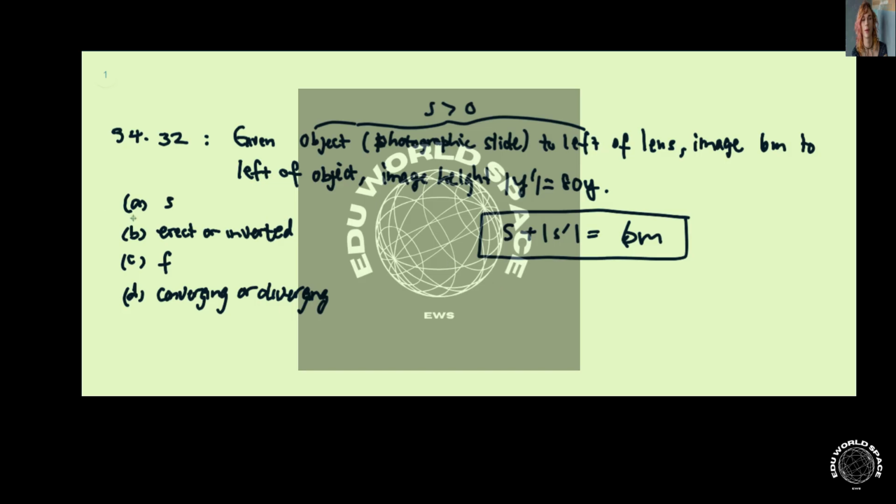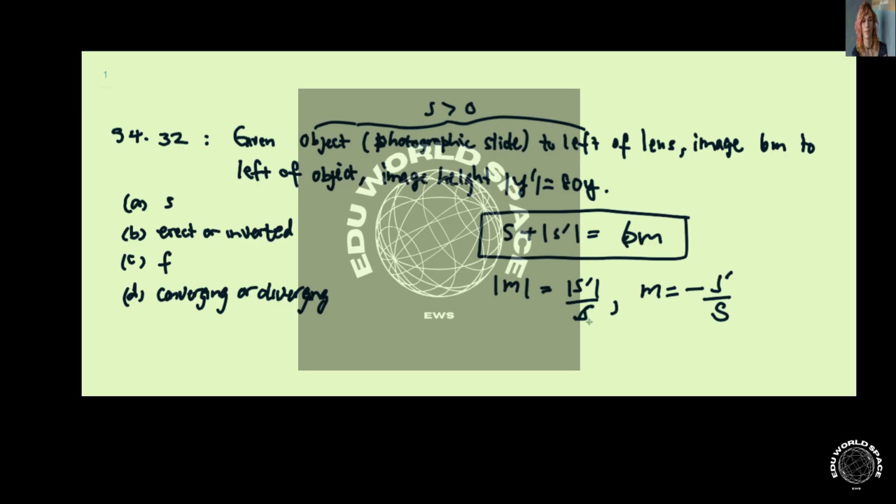The way to solve part A, to find the object distance, we'll use this equation, and additionally, we'll use the equation for the magnification, which is S primed over S. I got this equation from equation 34.17, where M is equal to minus S primed over S. And I just took the absolute value, so the minus sign goes away.